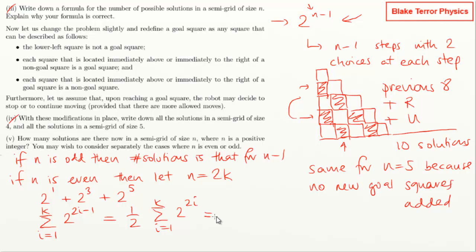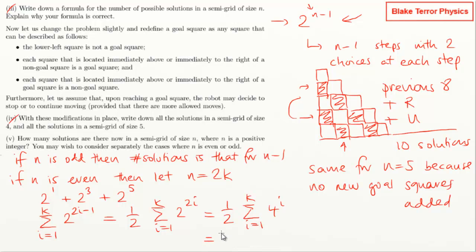Let's simplify that even further. Well, I say simplify, it depends how you want to look at it, but in terms of adding up the sequence, I think this is going to make more sense. I'll make that 4 to the i. So that's what we want to add up. That is a geometric sequence because we're multiplying by 4 each time.